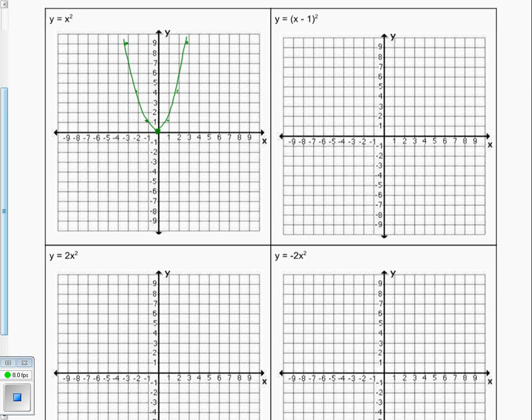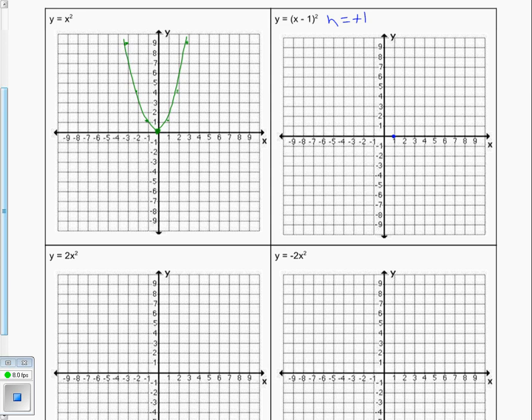Now if we take a look at the next example over to the right, it says y is equal to x minus 1 squared. Okay, well, we know that there's now been a change in the h value. In this case, the h value is actually positive 1. So what this means now is that the vertex has been shifted 1 unit to the right. So now instead of having a vertex at 0, 0, our new vertex is at 1, 0.